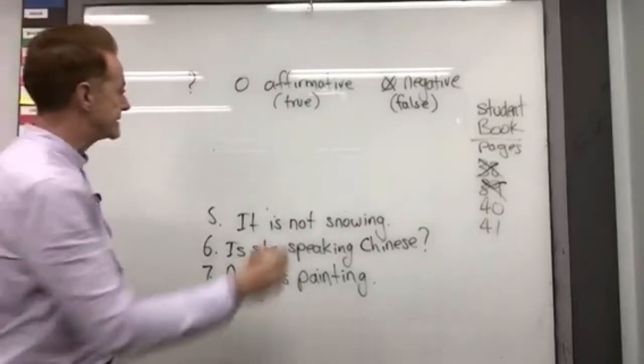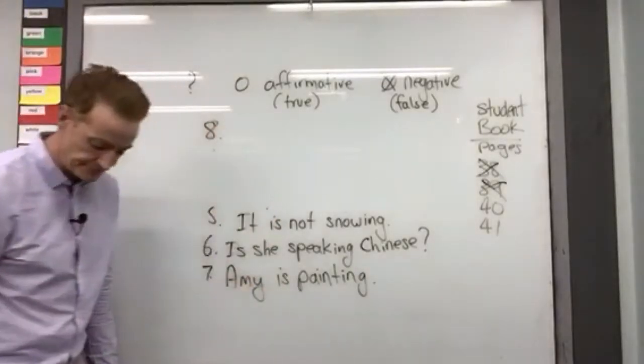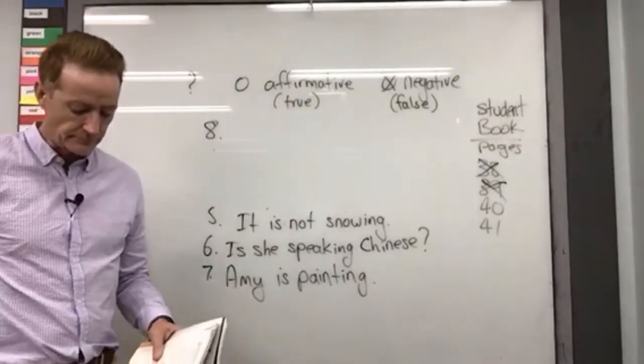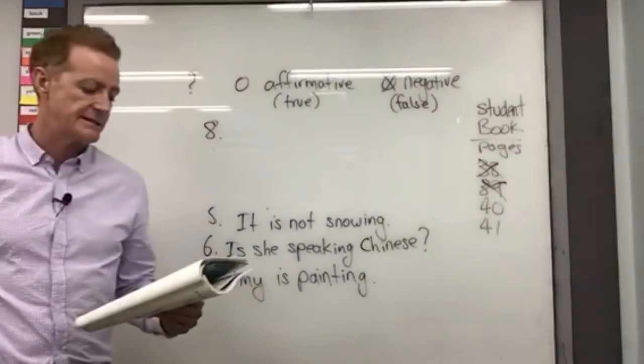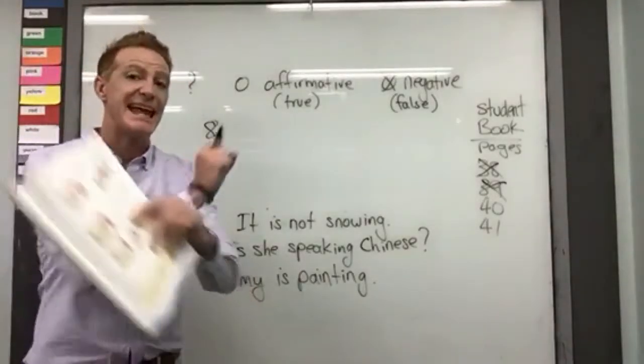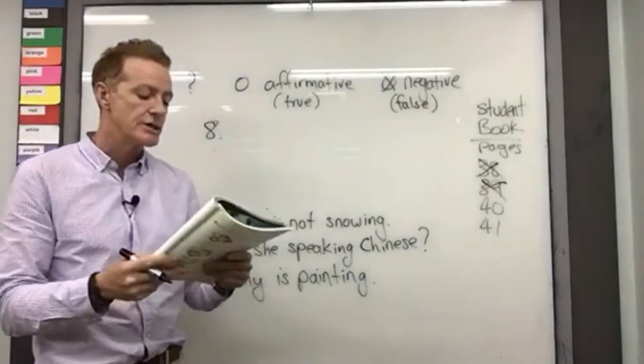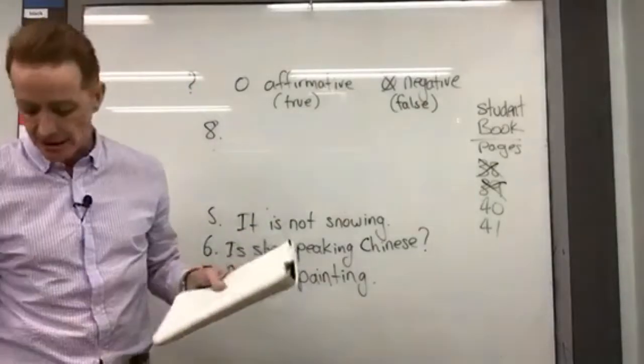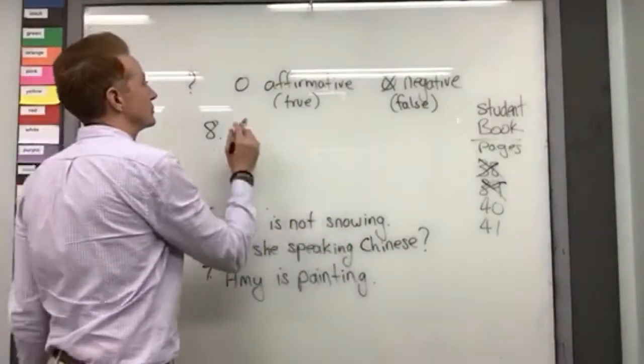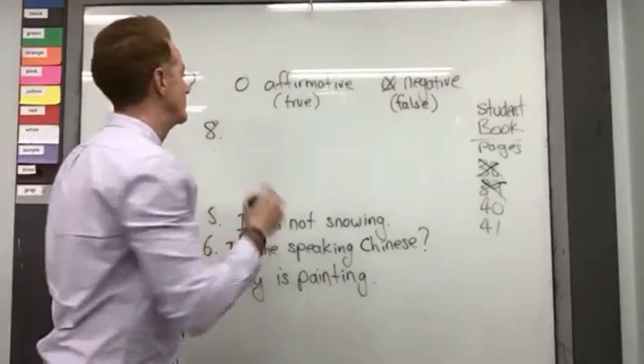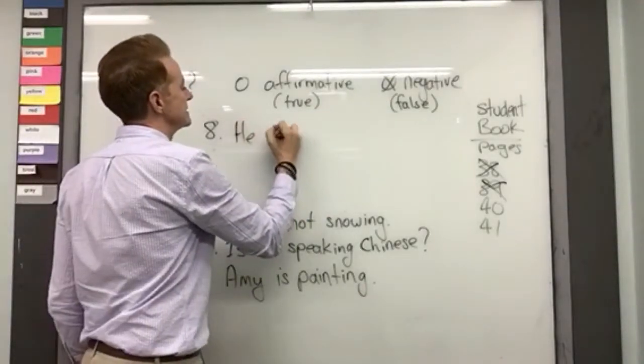All right, number 8. Now this is negative. It has the X, so it is negative. The words we have are he sit on the floor. So negative, not true.